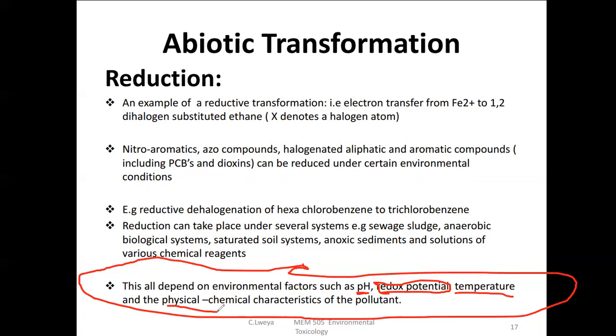The characteristic of the pollutant itself will determine how fast it reacts. Remember, we looked at the intrinsic reactivity of a chemical compound. It points back to the characteristics that it has.